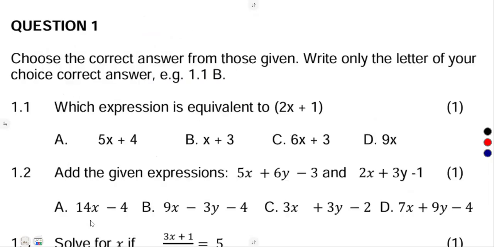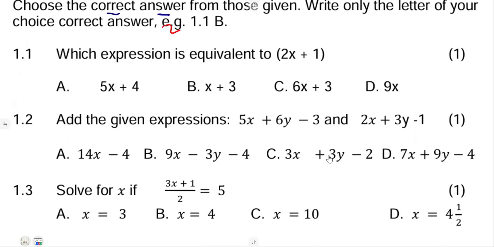In the first part of our questions, we are given to choose the correct answer from those given. Write only the letter of your choice, the correct answer. Then we are given example 1.1, answer is B, just an example of what you're given.